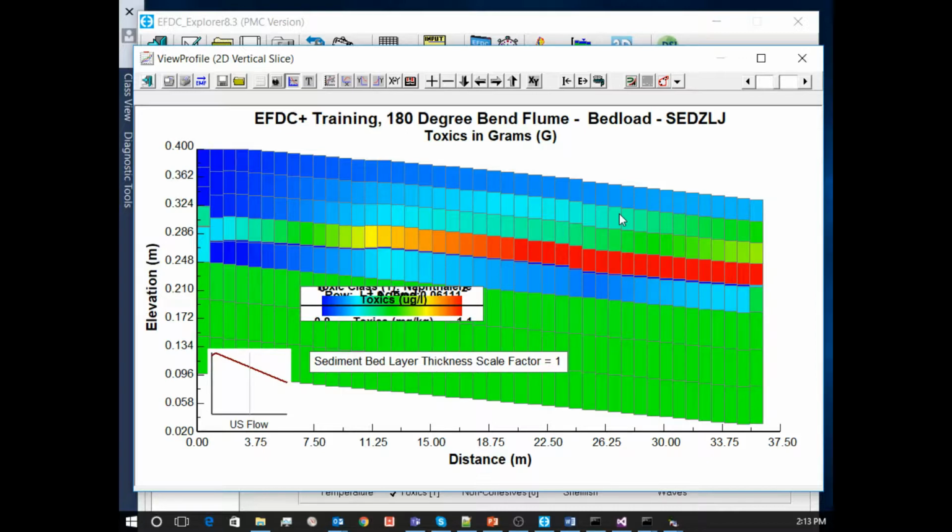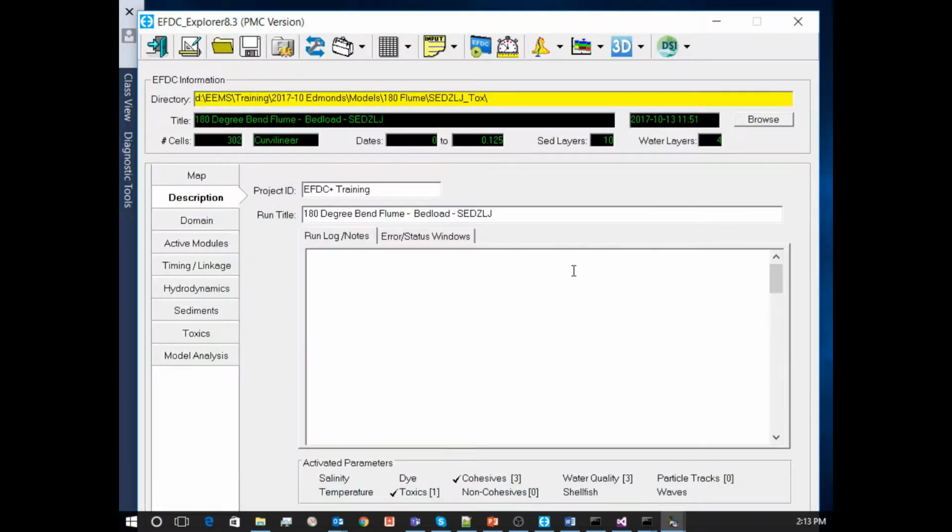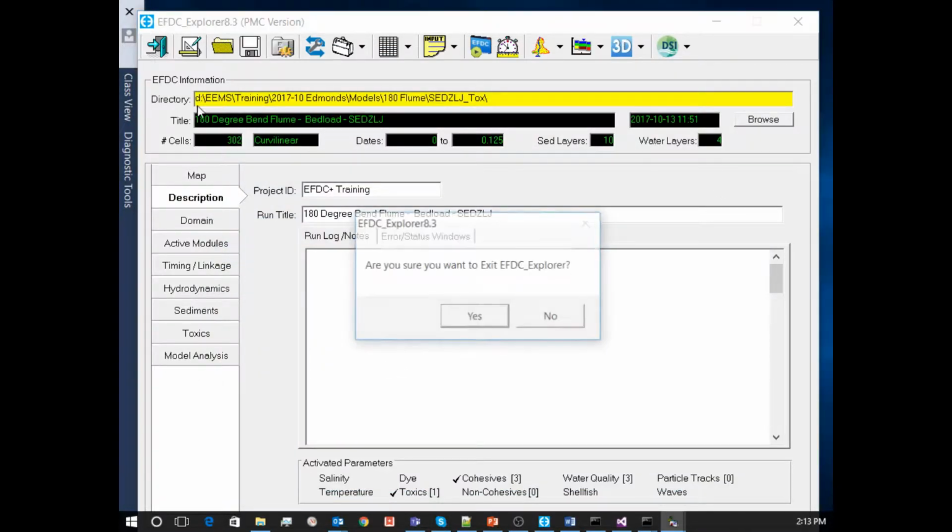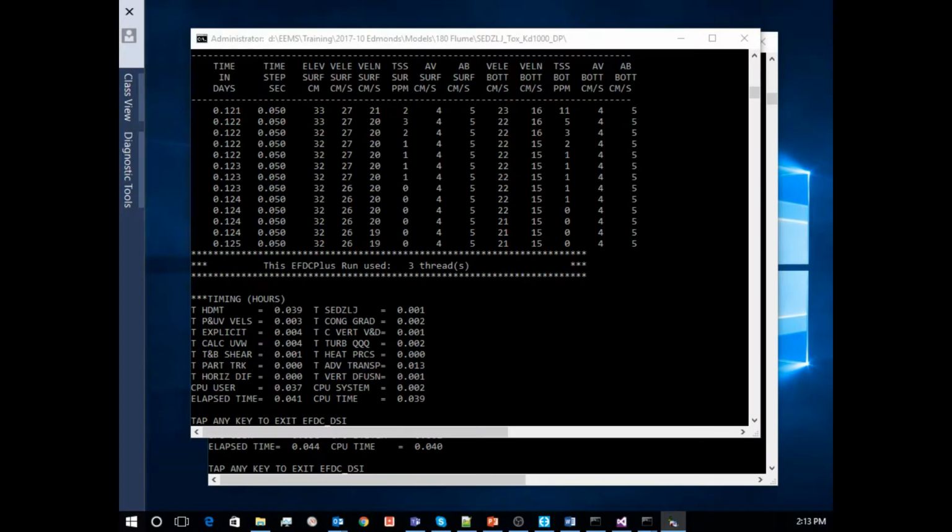Oh yeah, it's still screwed up there, isn't it? It looks like I'm going to have to exit. Oh well, okay, I'll do that, and then I'll restart.